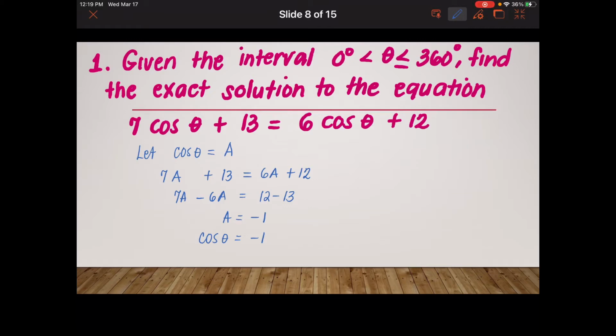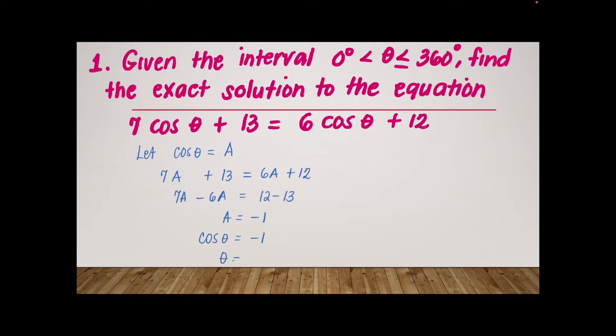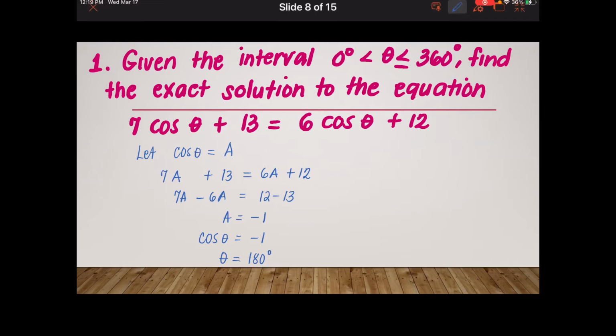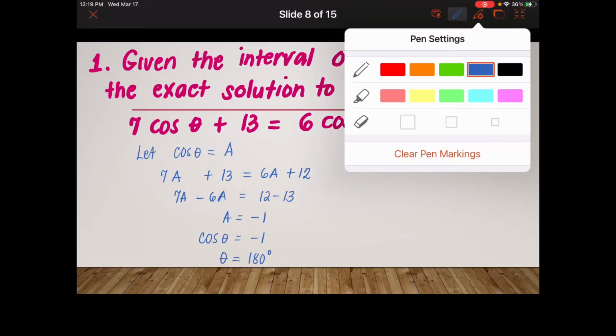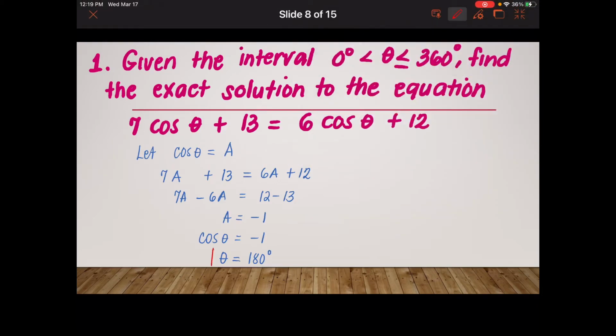So what value of theta will give you the value of cosine, which is negative 1? Here we have the quadrantal angles, right? So our theta here is equal to, very good, 180 degrees. So 180 degrees will be our answer for question number 1.